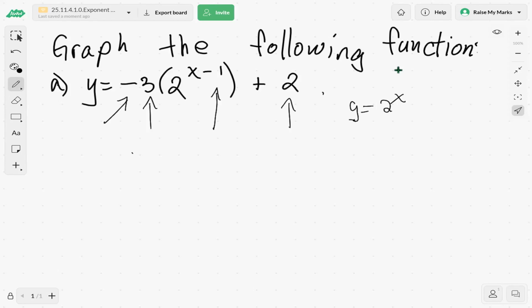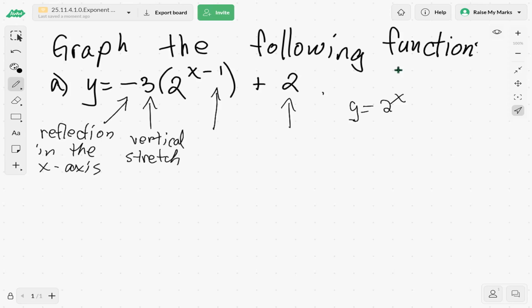The negative out in front is a vertical reflection in the x-axis. The 3 is a vertical stretch of a factor of 3.